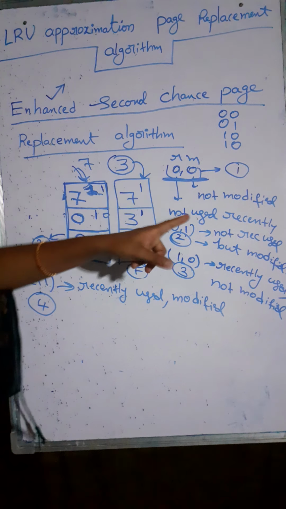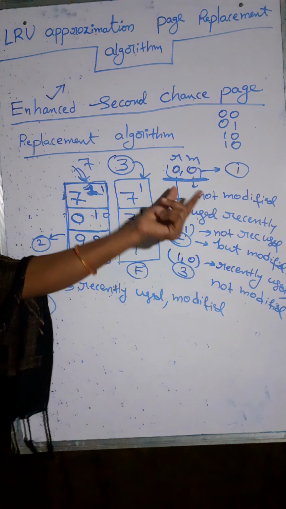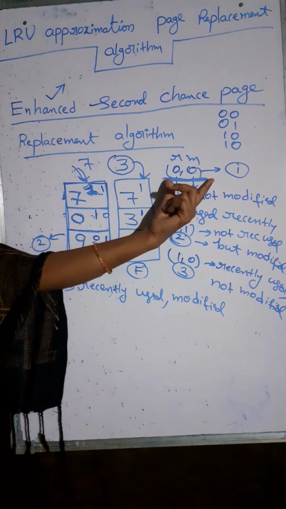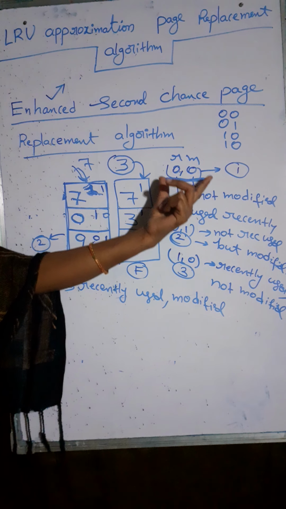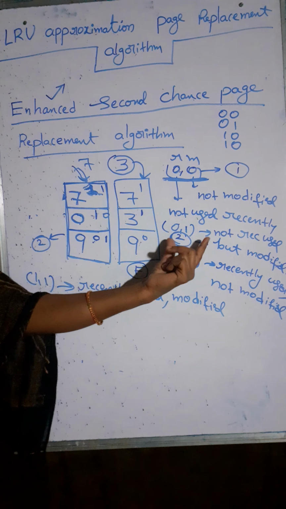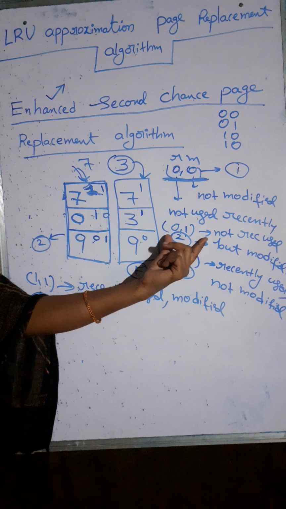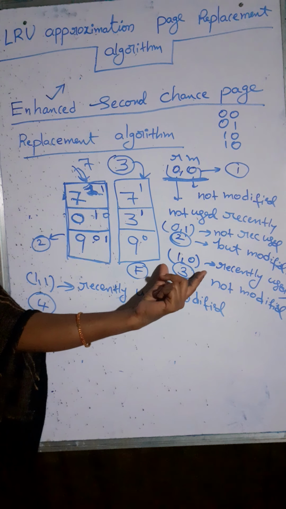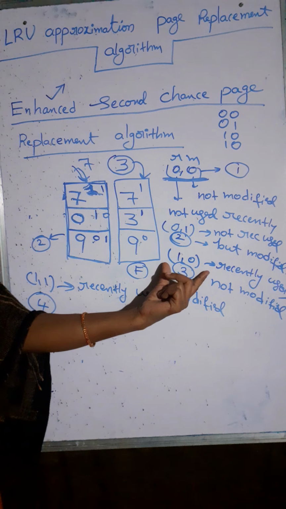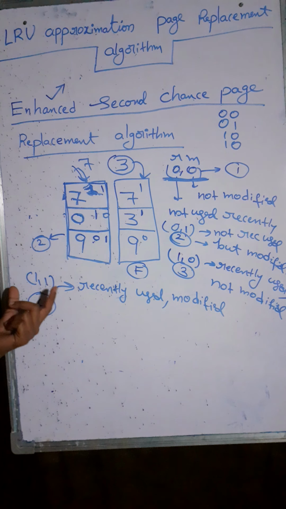So 0, 0 means that frame is not used recently and not modified. So it is very easy to replace that frame, right? So we should give preference to that one. 0, 1 means it is not recently used but it is modified. 1, 0 means it is recently used but not modified. 1, 1 means recently used and modified.